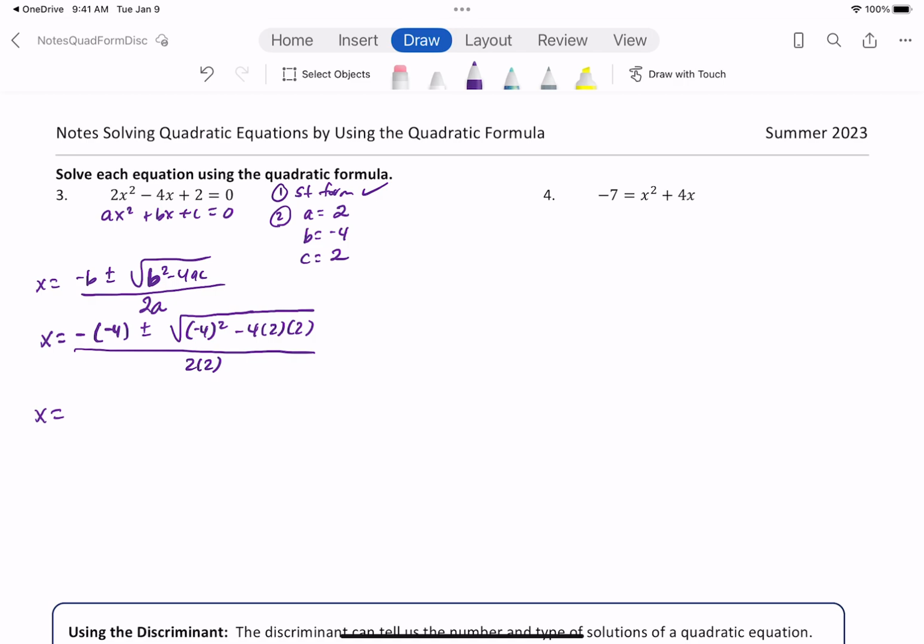So negative 1 times negative 4 is 4. If I square negative 4, I get 16. And then negative 4 times 2 is actually negative 16. Over 2 times 2 is 4.